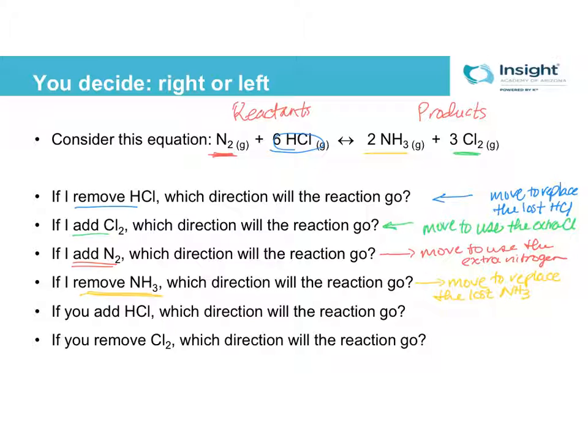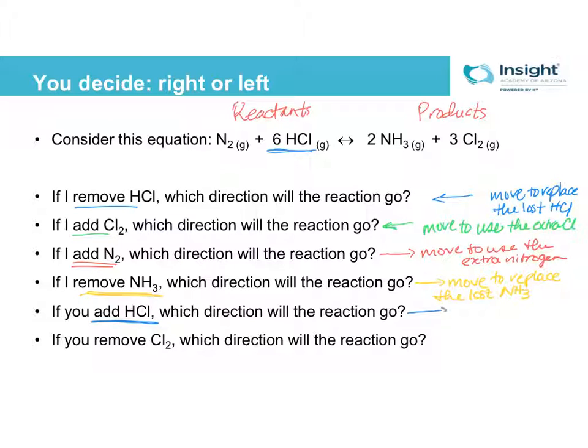All right, so for HCl, let's see, I'm going to remove all the stuff that I've added over here. So this time I'm going to add hydrochloric acid. Hydrochloric acid is in the reactants. I have extra hydrochloric acid, so I'm going to want to use that up.